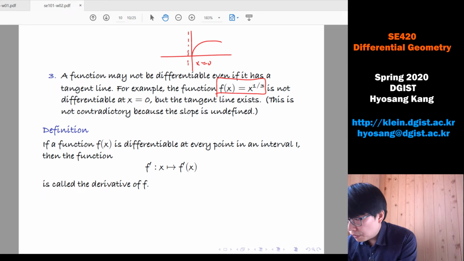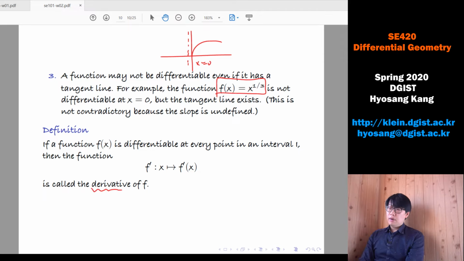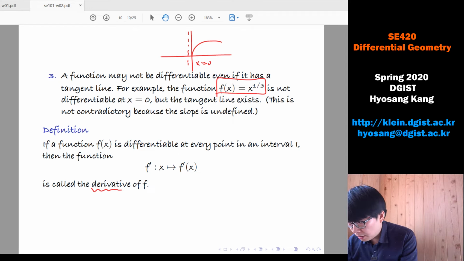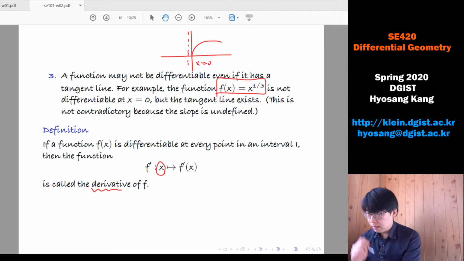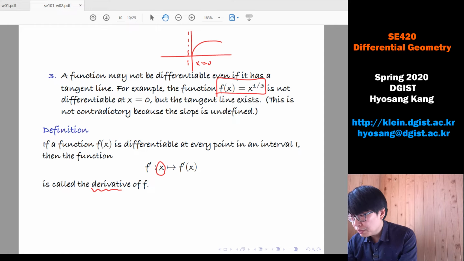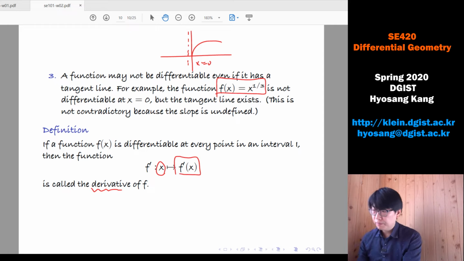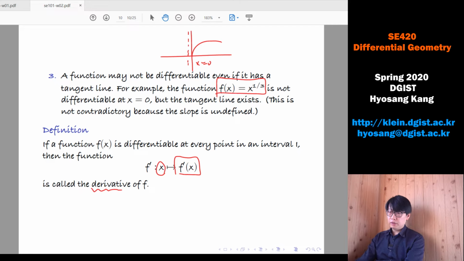And for the English notation, we have the word derivative, which represents the function that maps each value x in the interval of the domain to the differential of the function at that point. So this function is called the derivative.